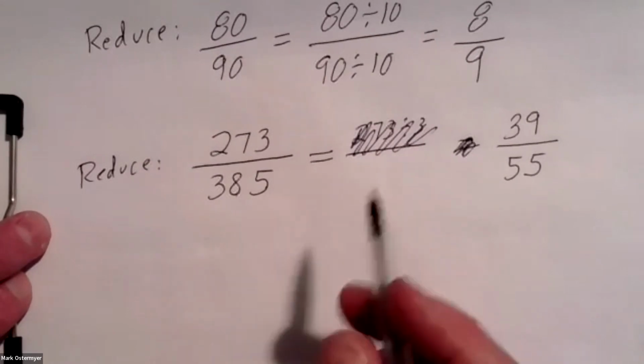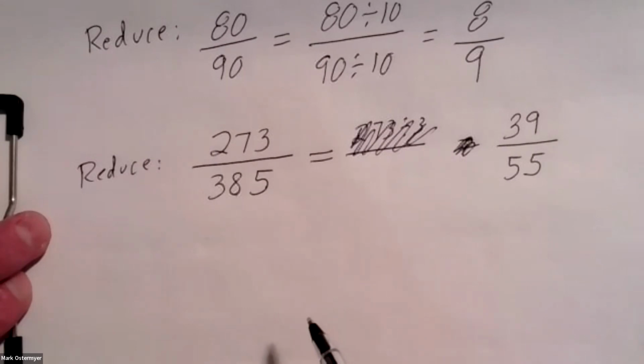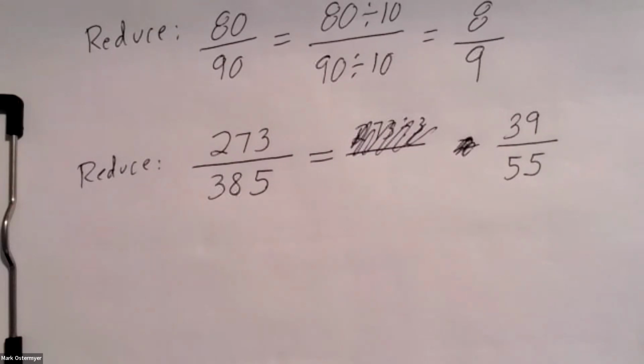And your calculator could maybe help you out there. Let's see. Can we find any number that divides into 273 and 385 on our calculator? At least 7.